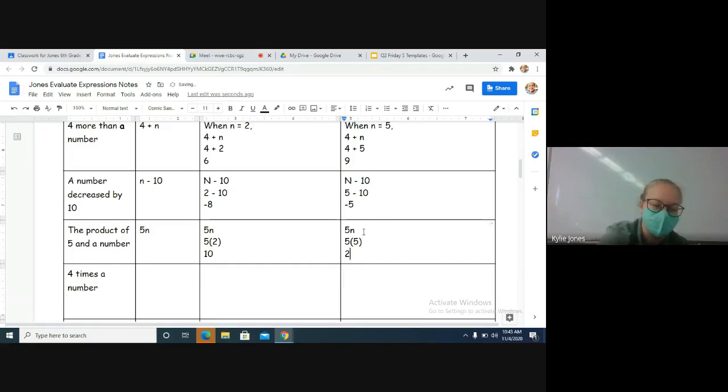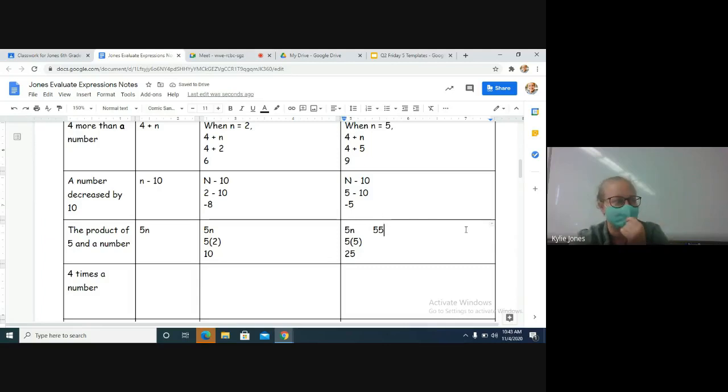25. Perfect. I remember yesterday when Miss Daphne was saying that one of the common mistakes we see is that when you plug in numbers for this, instead of saying it's 5 times 5, you'll say it's 55. That's one of the most common things that we see. So let's say we're looking at our 5n right here, and you say it's 5, and then we're replacing our n with 5, and you get 55.